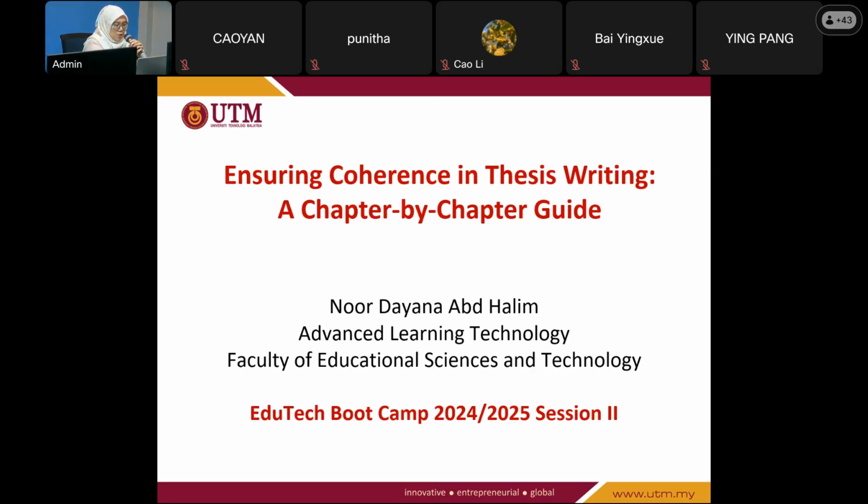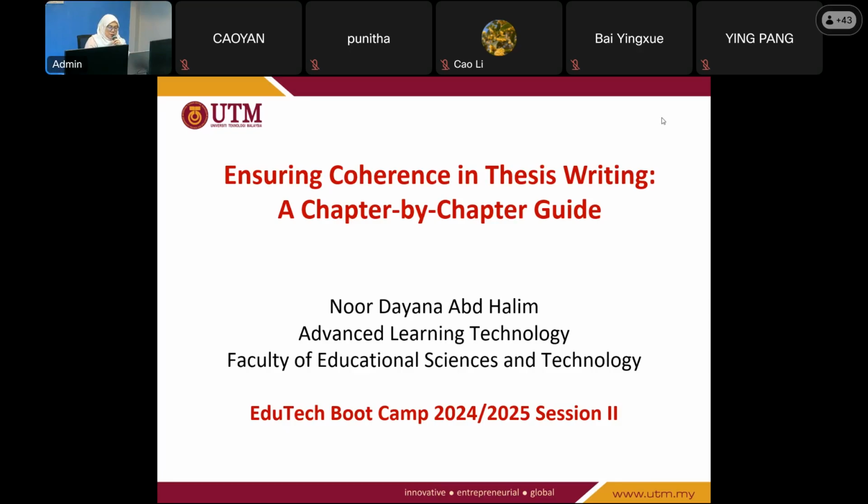So back to our topic today. I actually want to share with all of you here. Actually, we have some students here in the interactive lab. The topic is ensuring coherence in thesis writing, a chapter by chapter guide.